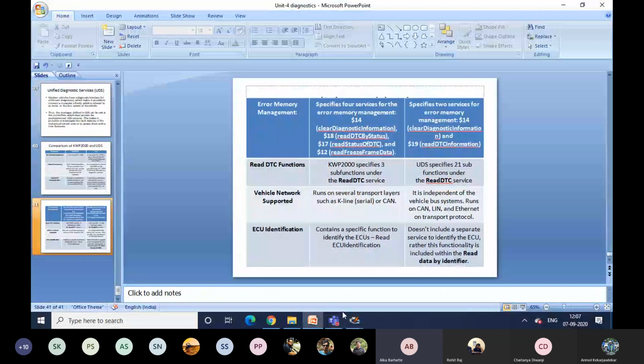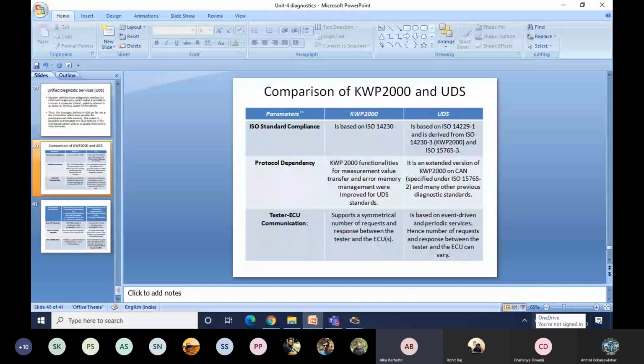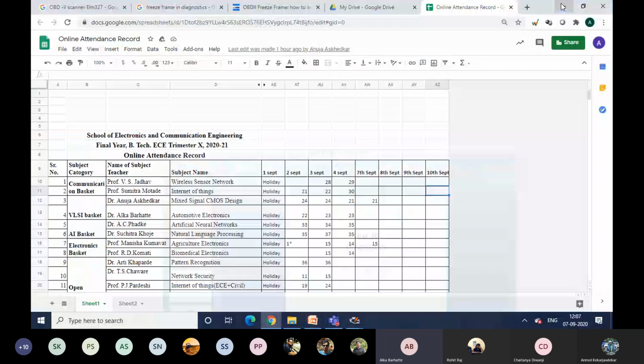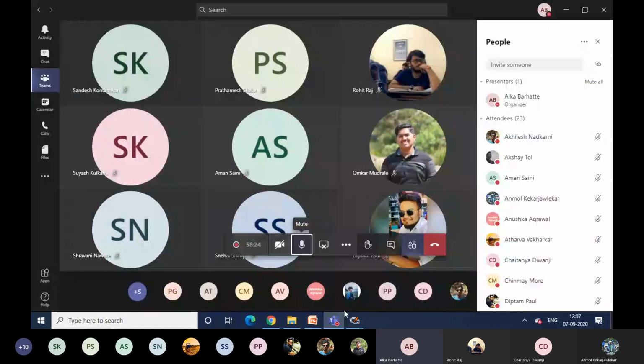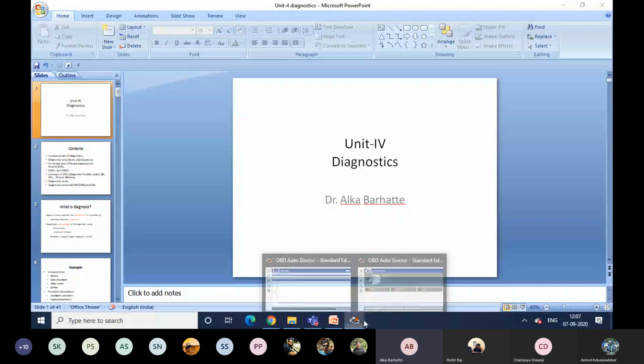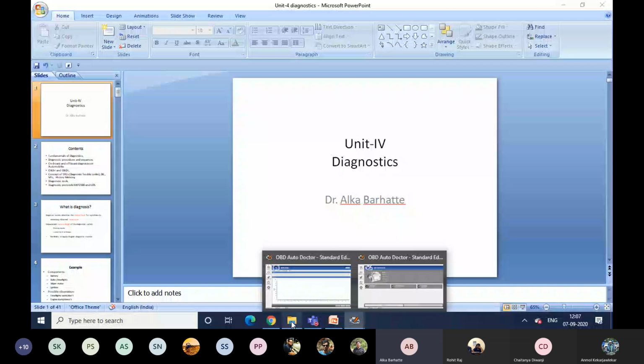And with this, we have completed the complete diagnostics, or the general information related to diagnostics in the vehicle. Okay. Yes. Any doubt? And apart from that, I have also explained to you this last experiment.